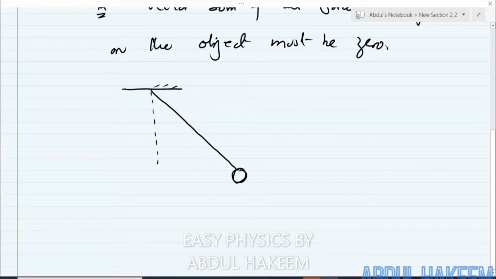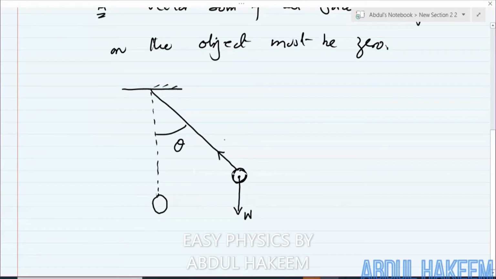This is the actual position of the pendulum, but it is displaced through angle theta. One force which is acting down is the weight of this pendulum bob, and this is the tension in the string, and you are holding the bob with force F.